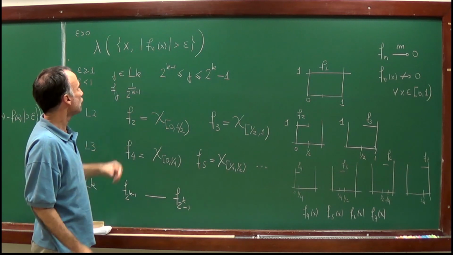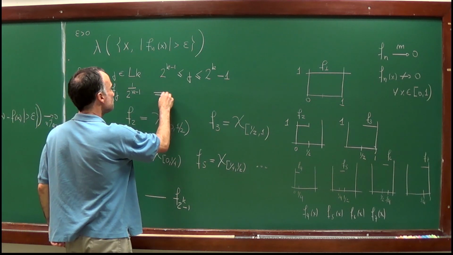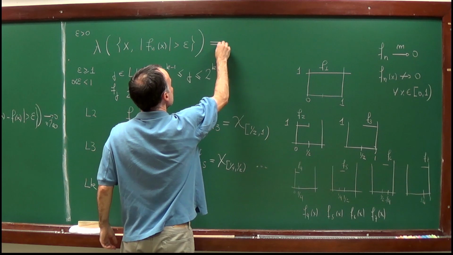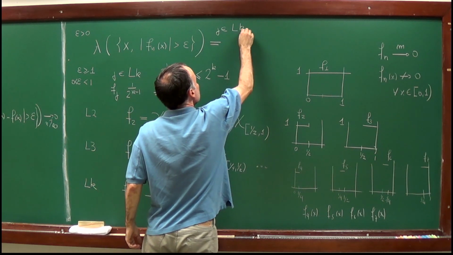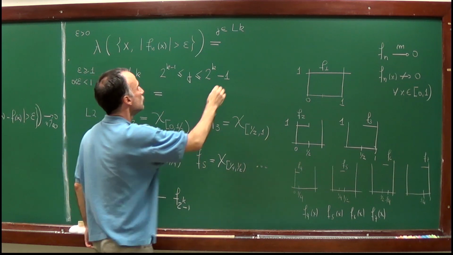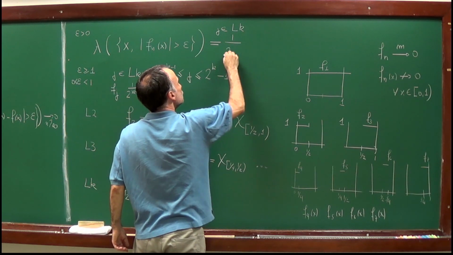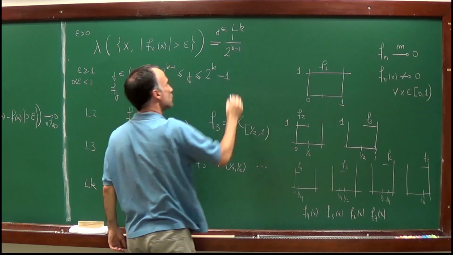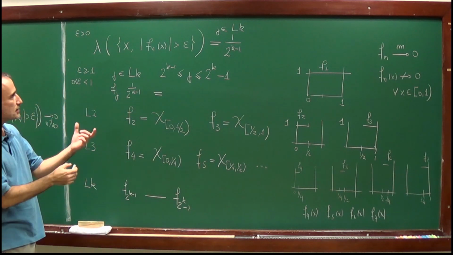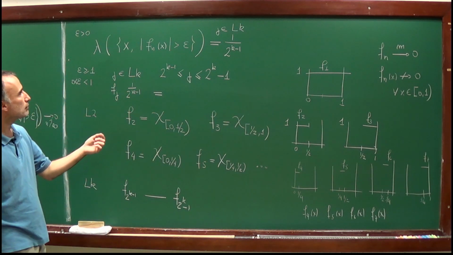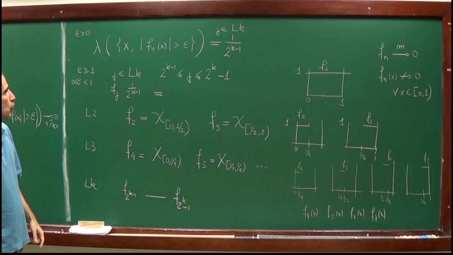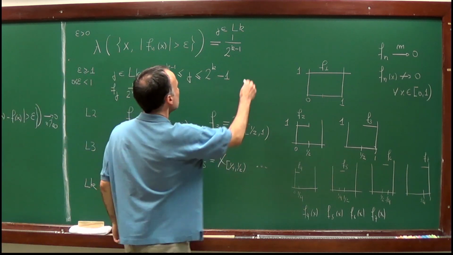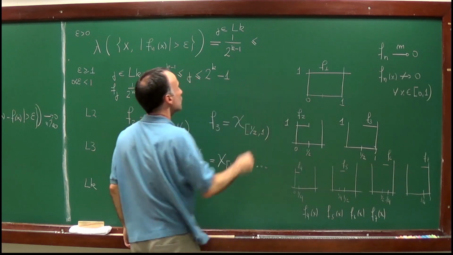So the measure of this set, for j belonging to the level k, is exactly equal to 1 over 2^(k-1), because this is exactly the length of the interval in which f_j is equal to 1. Well, this is less or equal.